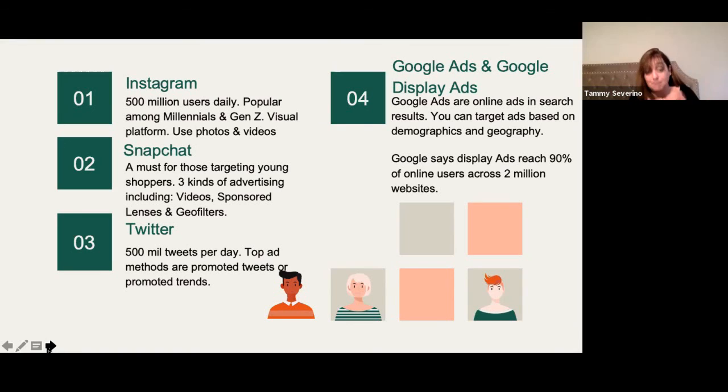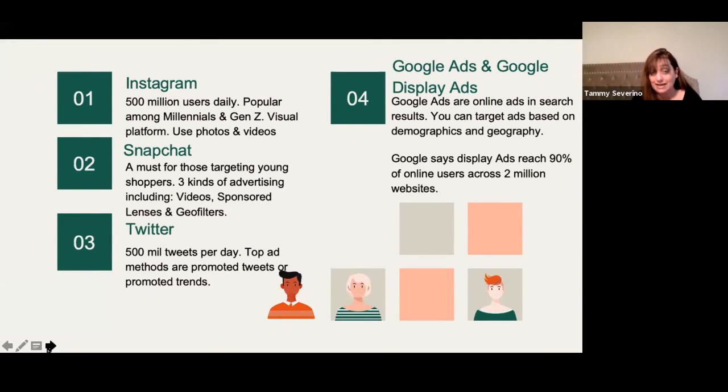So you can sponsor a particular lens and then your ad pops up to go with it. It also has geo filters. Those are filters that are more in the background versus the lens, which is going to be something on the individual. So you have both of those, and they are available as a form of advertising in addition to your own videos.